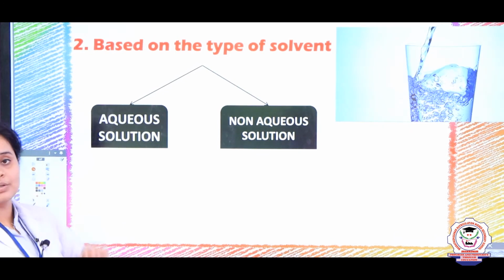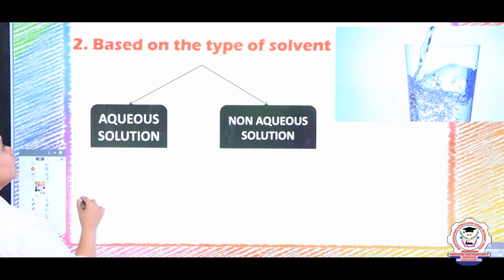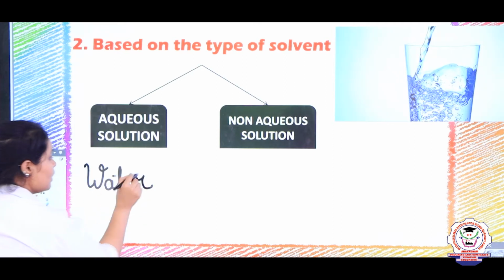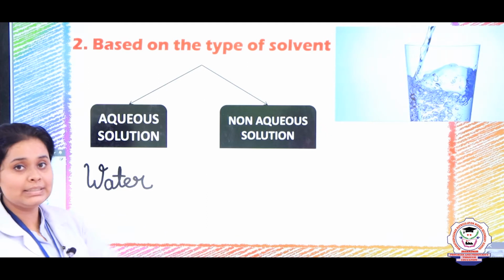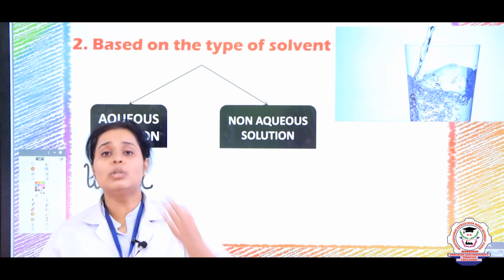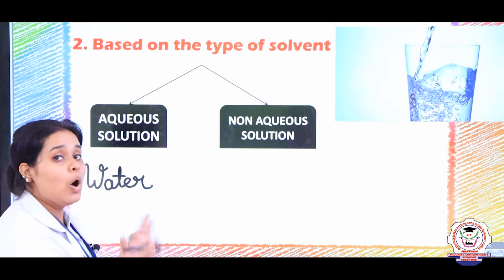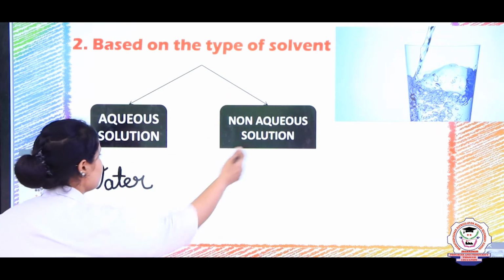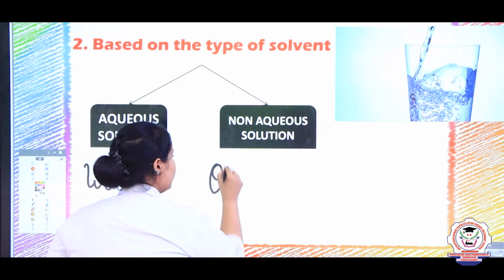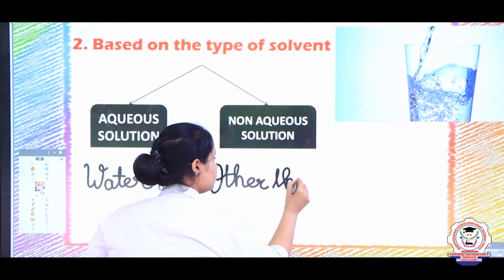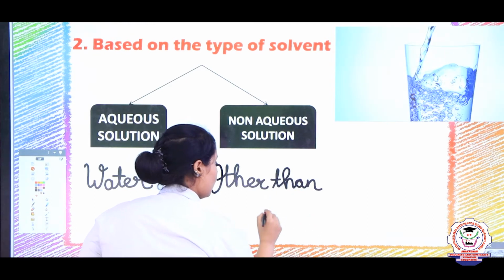Aqueous solution shows that the solvent which you are taking is always water. In the same way, non-aqueous means other than water, for example alcohol, ether, chloroform, all these are examples of non-aqueous solutions. So what is this? Other than water.